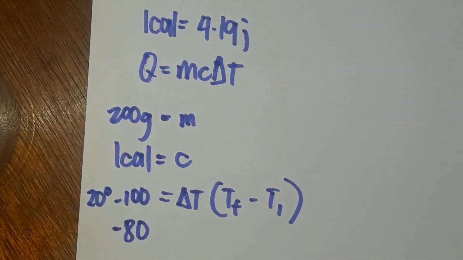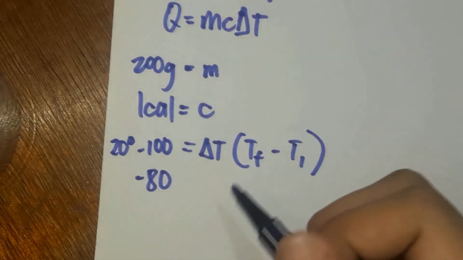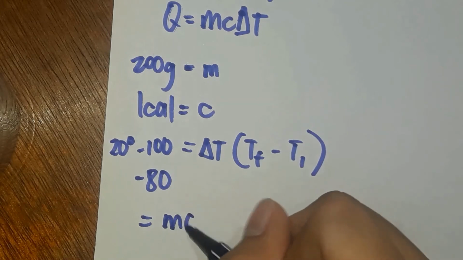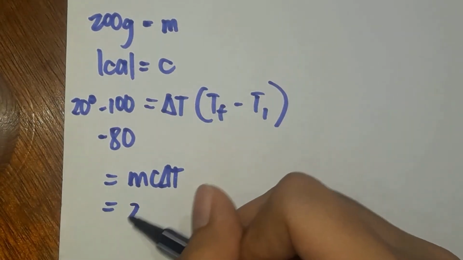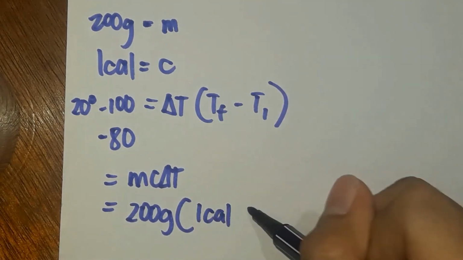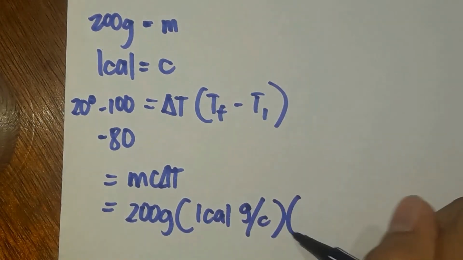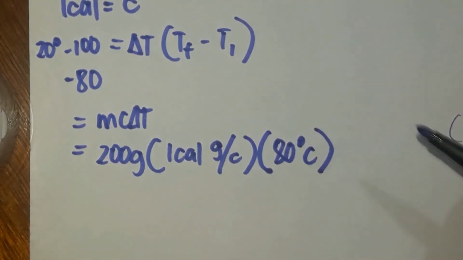So we already have the given numbers. We need to supply them to our formula, which will be mcΔT, which will be 200 grams multiplied by 1 cal per gram per degree Celsius, and multiplied by 80 degrees Celsius.